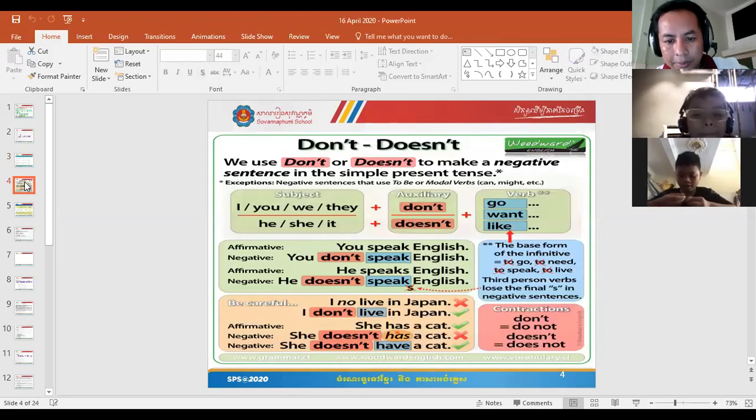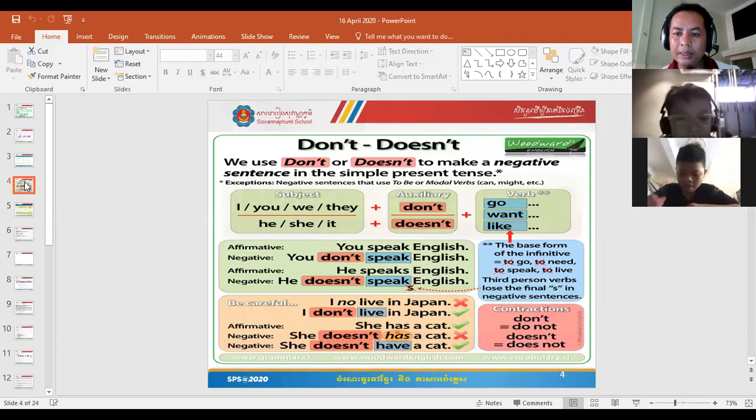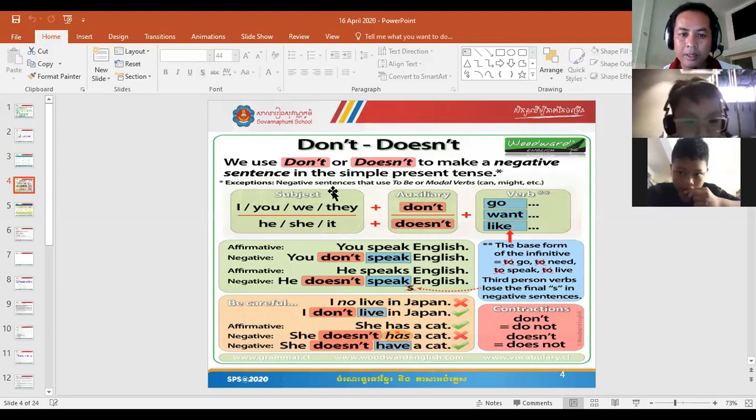Next one is, look carefully everyone, don't and doesn't. We use don't or doesn't to make a negative sentence in the present simple tense. I, you, we, they we use with don't, and he, she, it we use with doesn't, as you know already. Look at the form here.